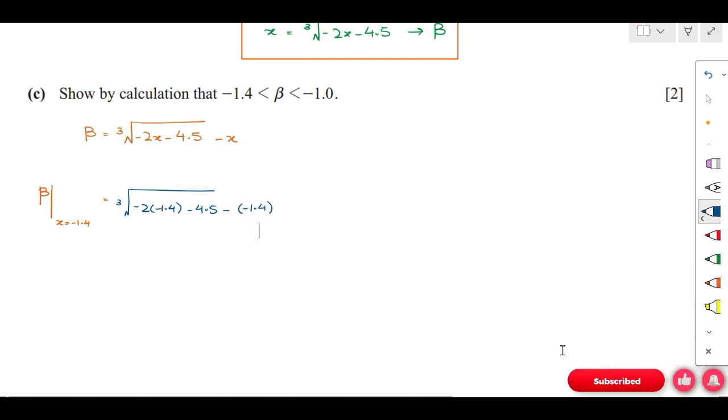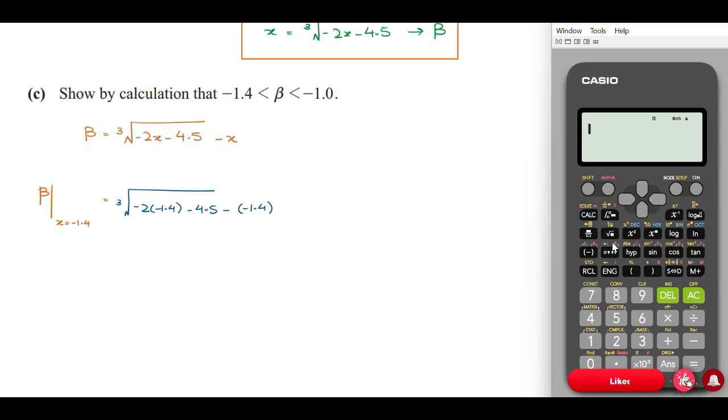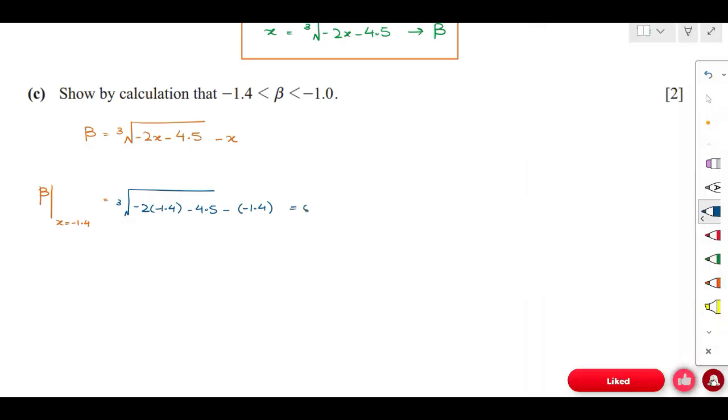Just simplify this. First take the cube root of minus 2 times minus 1.4 minus 4.5, and outside it is plus 1.4, because negative times negative is positive. This is 0.21.